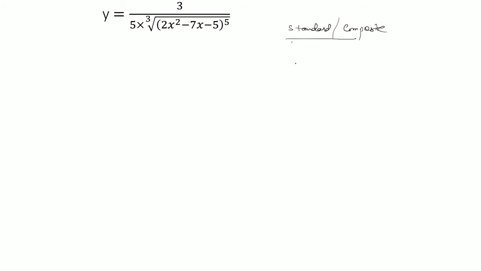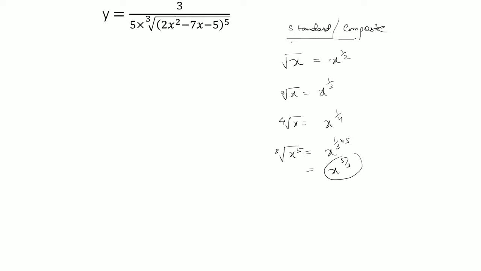According to the laws of indices, square root can be represented as x raised to half, cube root as x raised to 1 by 3, and fourth root as x raised to 1 by 4. If you get cube root of x raised to 5, you can express it as x raised to 1 by 3, and x to the power 5, so the power will remain as it is. It can be expressed as x raised to 5 by 3. So this will be the simplification.